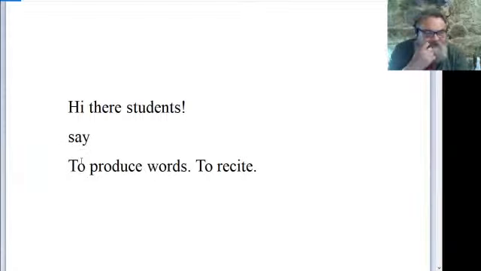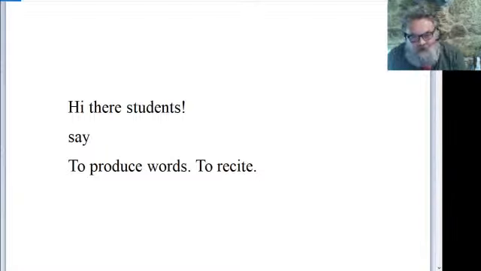Yeah, he said, "Come here." And this is a nice easy word. Can you think of any more words that we would associate with say, synonyms or related words to this? Okay, so to say, to produce words, to recite.